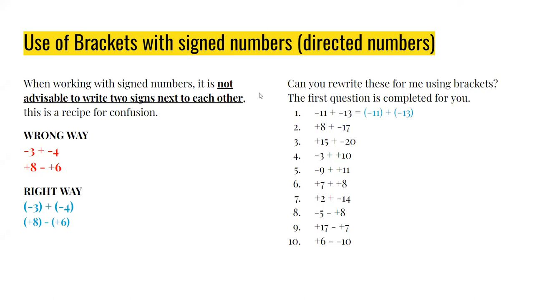So when we work with signed numbers, it's not advisable to write these signs next to each other. That could lead to confusion, and sometimes you may end up getting an incorrect answer because you are not working the signs out before you actually work the sum out.